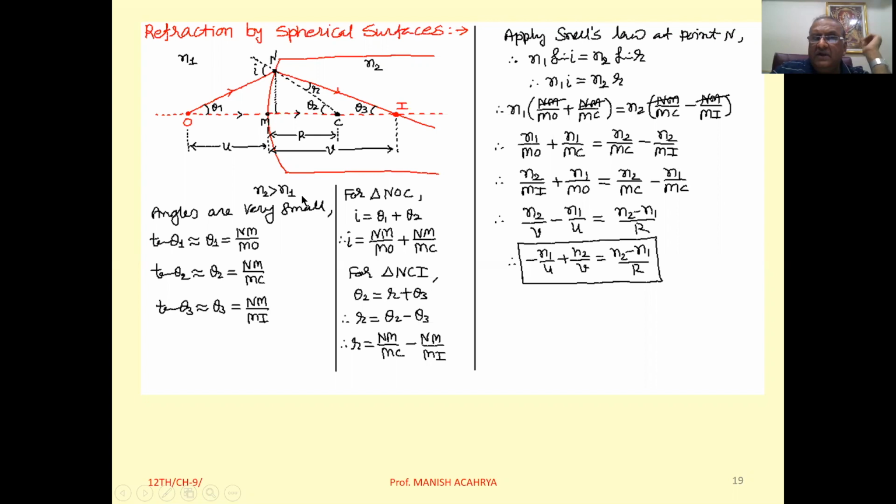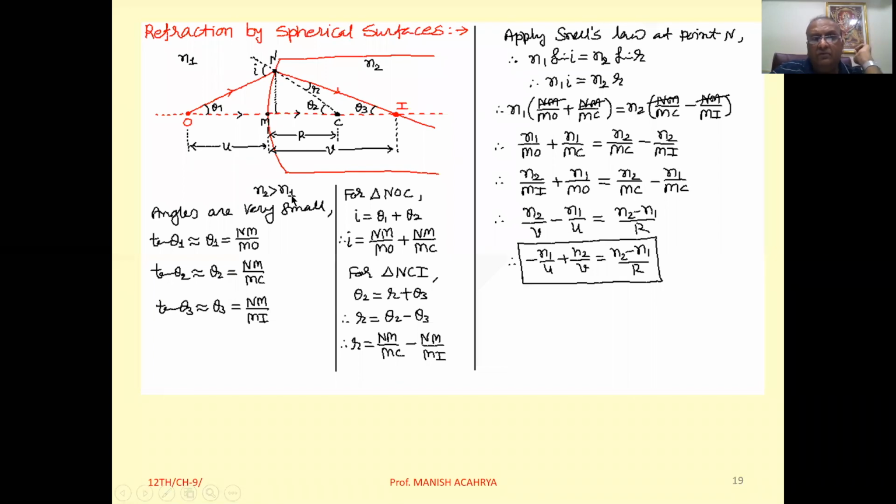Now, here we consider paraxial rays. It implies that rays are very close to the principal axis, so angles will be very small. And now if we draw the normal on the principal axis from this point N, then we can take the normal's foot and the point M as one and the same.